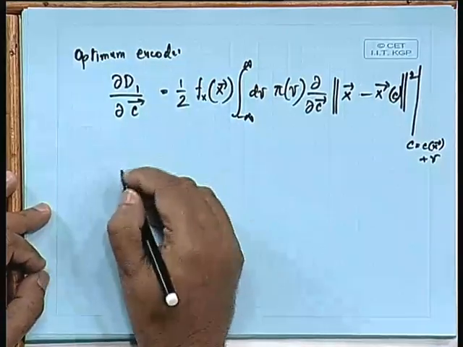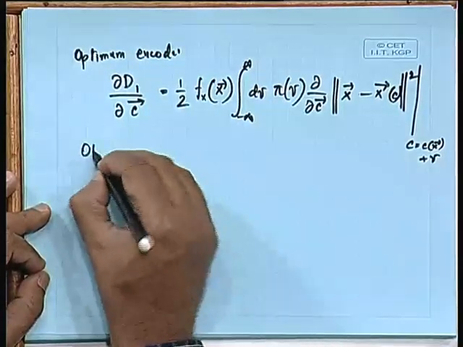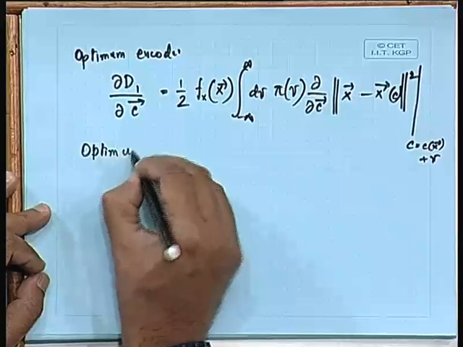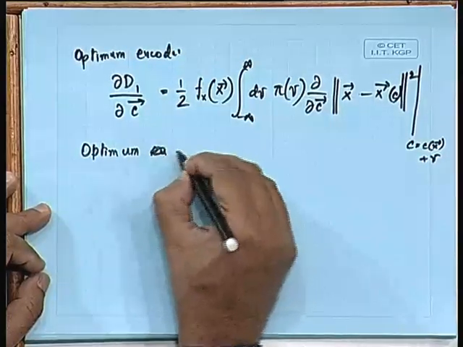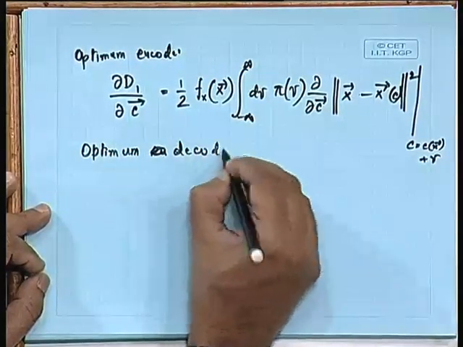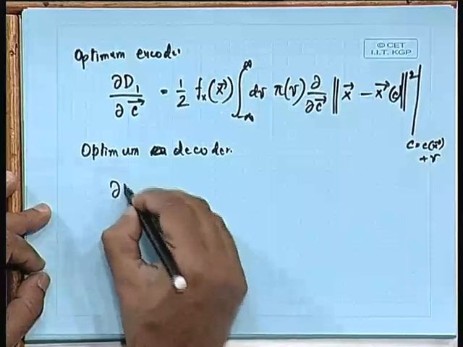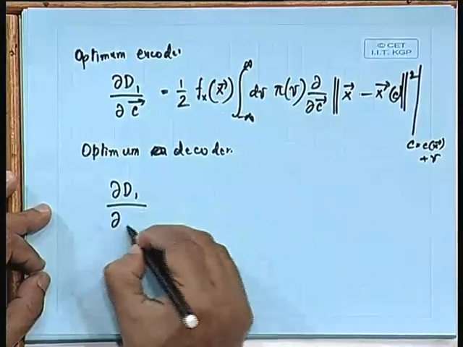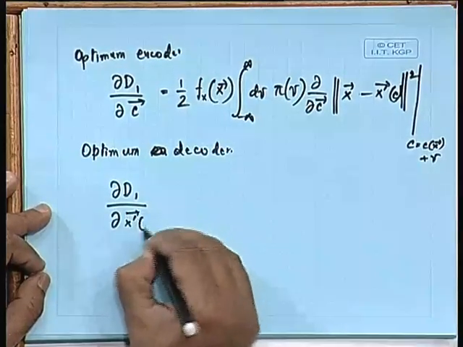And for the optimum decoder, what we have to solve is by equating dou D1 by dou x prime C to 0.